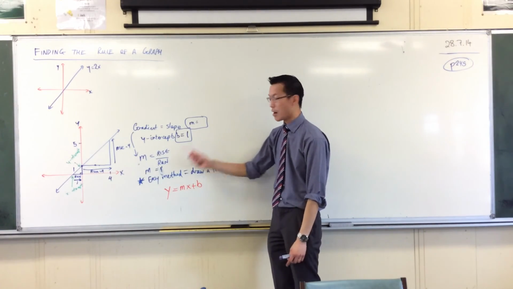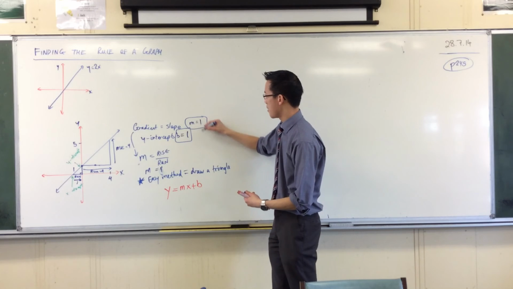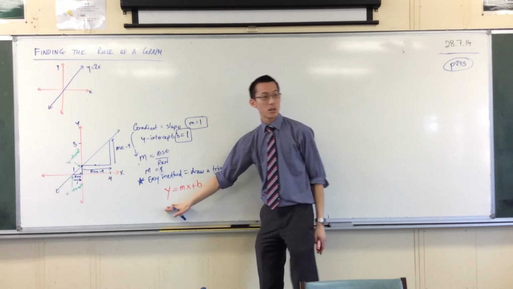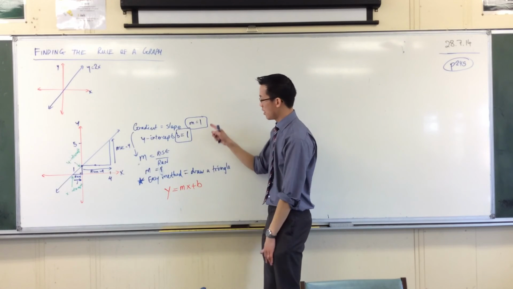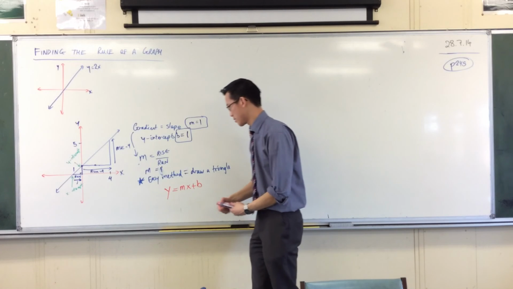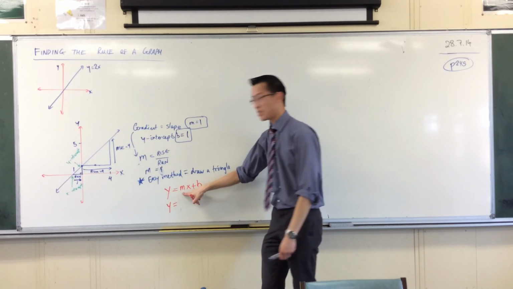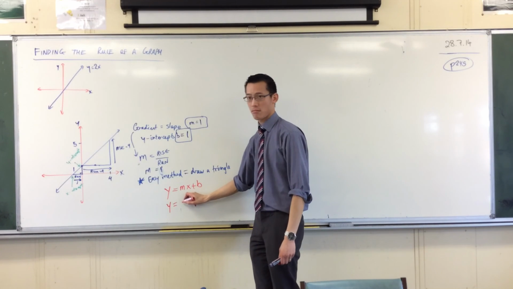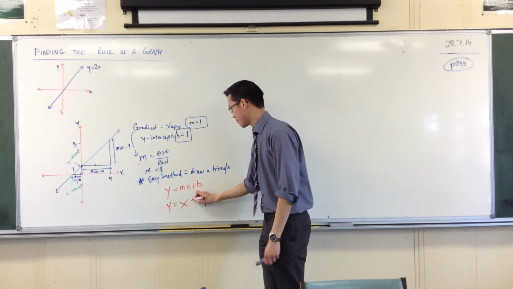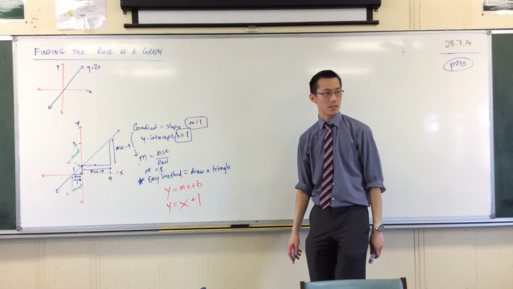This is where the two numbers go, right? You've worked out m and you've worked out b, okay? The rule or the equation of our line is going to look like this. So all you have to do is take your two numbers and put them in, okay? So for instance, m's equal to 1, so this will just be how many x's? Just 1. And b will be 1. Done.